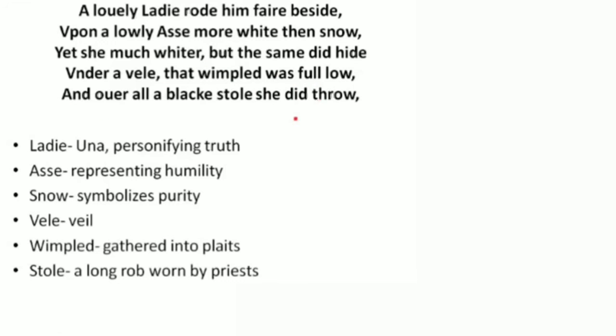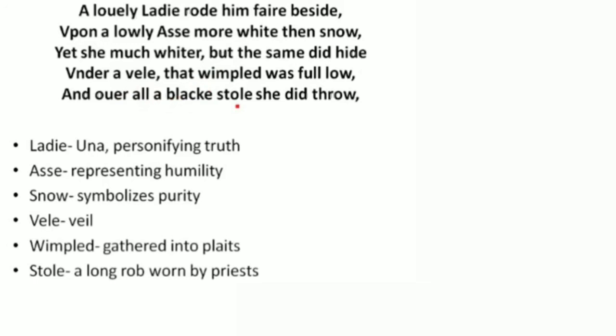She was riding on an ass's back, and the ass was more white than the snow, and she was even whiter than the ass, but she hid that white color. She hid under a veil that she was wearing, and she had it full low, and over all a black stole, and she was wearing a black stole also with that wimple.